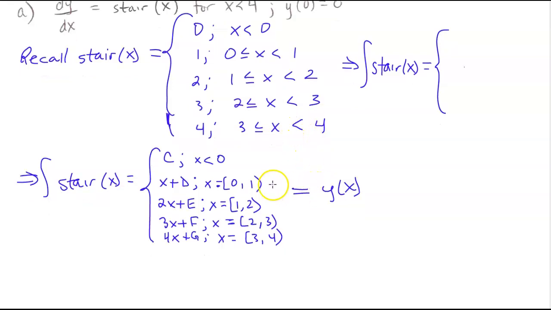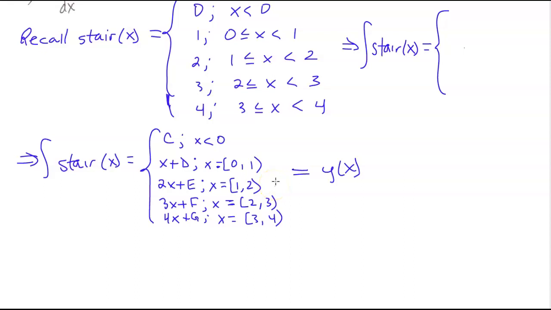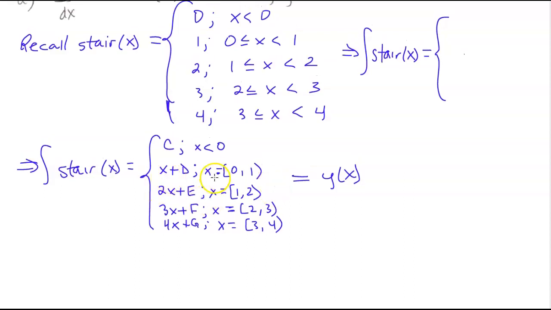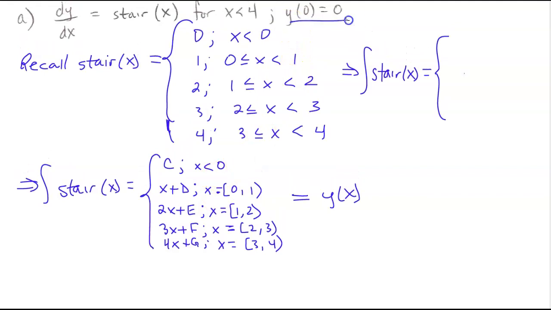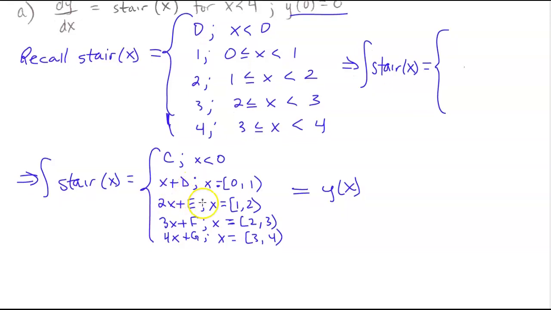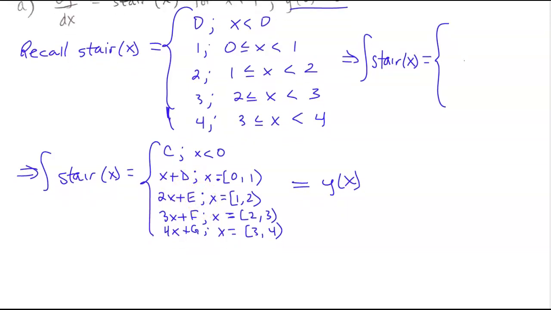All right, so to start off, if we consider a situation where, of course, we know that y of 0 is equal to 0. And so this initial condition here would be met inside of this particular piece of the piecewise function. And so we need that in order for us to get started. So if we look here, we'll have y of 0 equals 0. That implies that for this piece of the piecewise function, x plus d, that's going to equal 0.